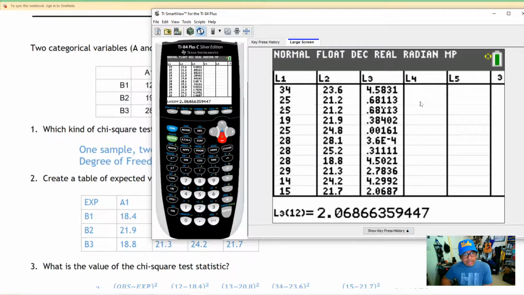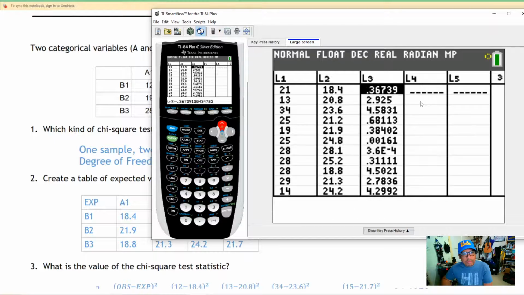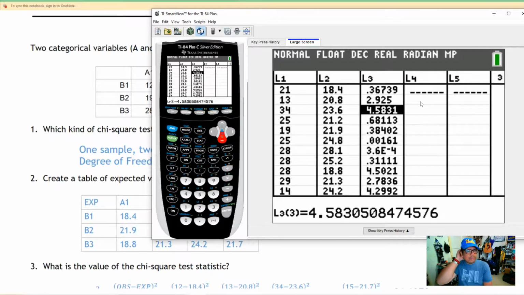So which of these are the biggest contributors? It looks like 4.5, that's 4.50. Here's 4.58. Anything bigger than 4.58? No, 4.58. So 4.58 corresponds with, what is this? 34 and 23.